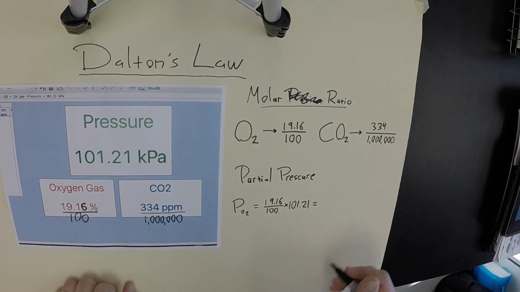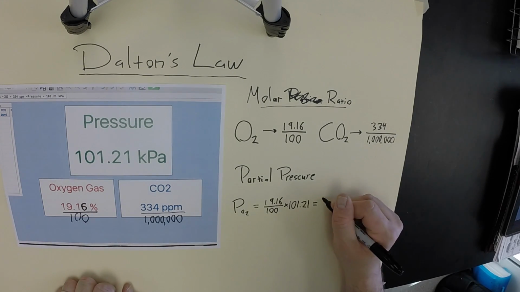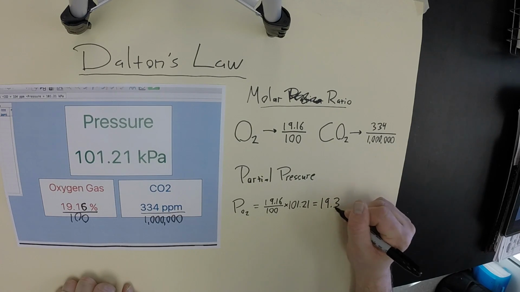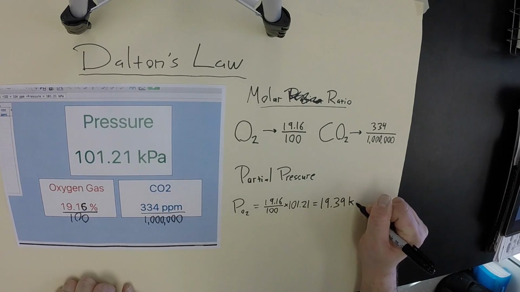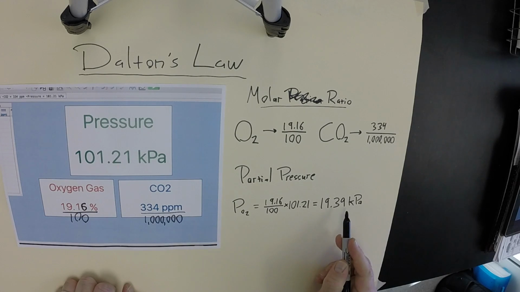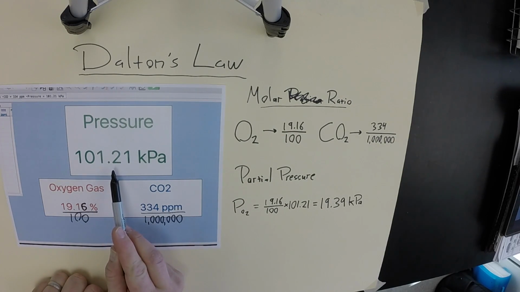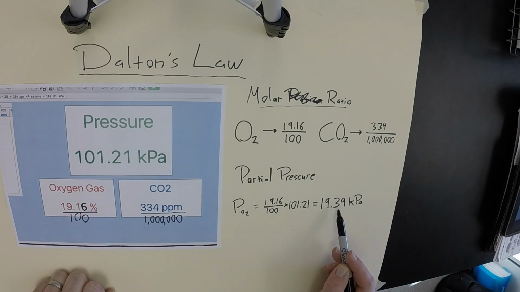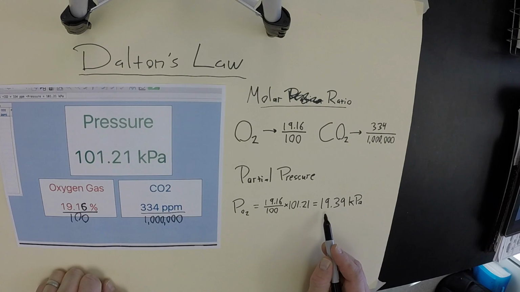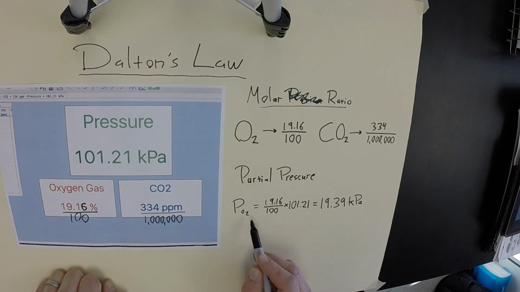When you do the math, that comes out to 19.39 kPa. What that tells us is that of this 101 kilopascals, a little over 19 of them are being caused by the oxygen specifically in the atmosphere. This is the partial pressure of oxygen right now in Earth's atmosphere.